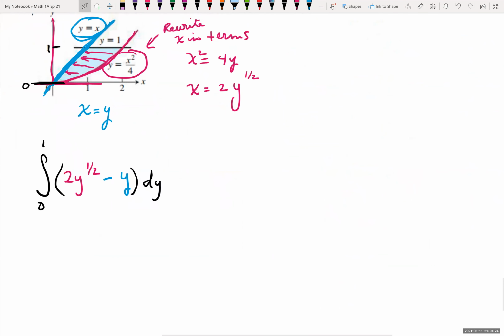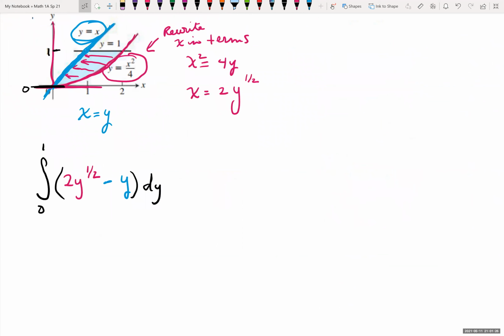Okay, so this isn't too bad to take the antiderivative of. So 2y to the 1/2, adding 1 to my exponent gives me 3/2. Dividing by 3/2 is the same thing as multiplying by the reciprocal, which is 2/3. Minus the antiderivative of y, which is y squared over 2, evaluated from 0 to 1.